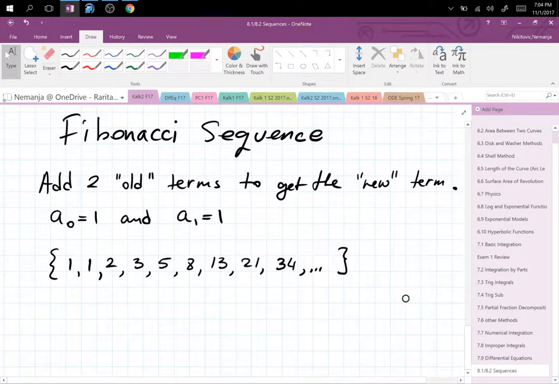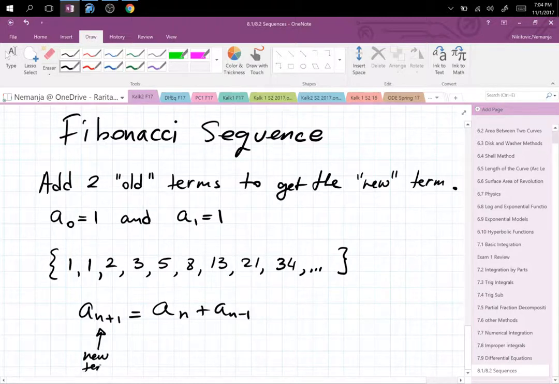Now, what's the formula? A n plus 1 is equal to a n minus 1 plus a n. Good. Here's the new term, and this is the sum of two old terms. Is this the only way to write this? No, right?